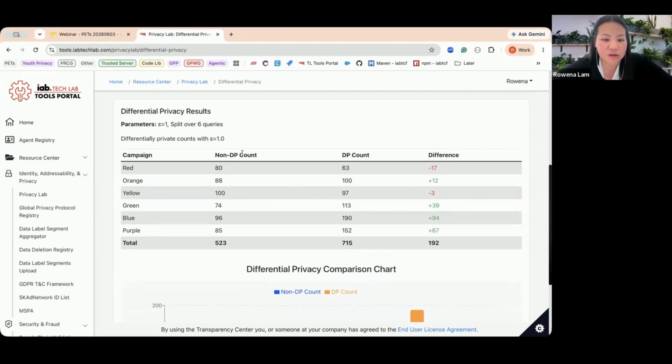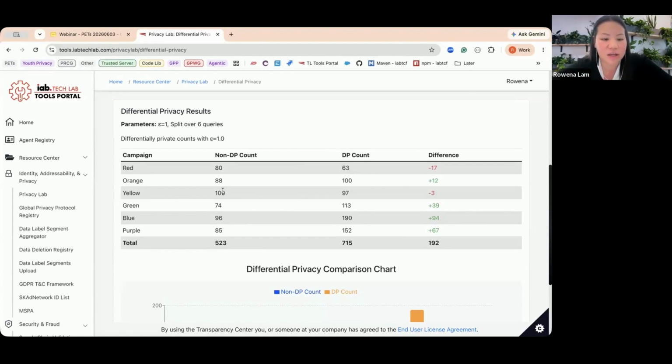The non-differential privacy count on the left is the true count, and the differential privacy DP count is what differential privacy reports. For the red campaign, the real count is 80, but when you have applied differential privacy, what it's reporting is 63. So that's a difference of 17.